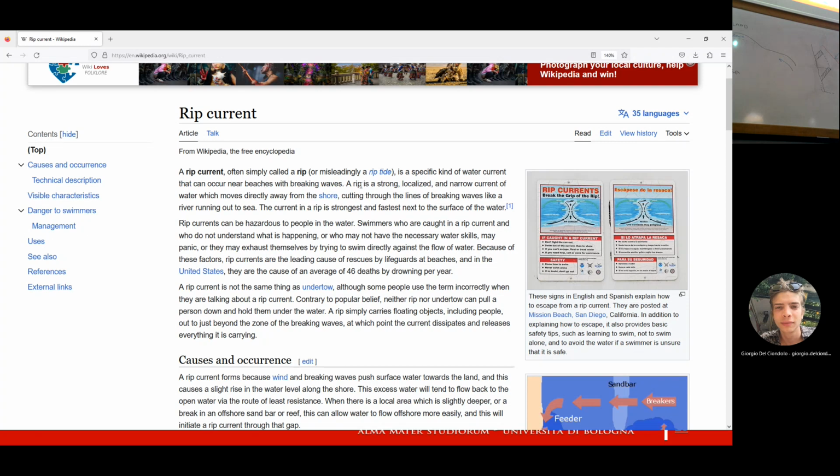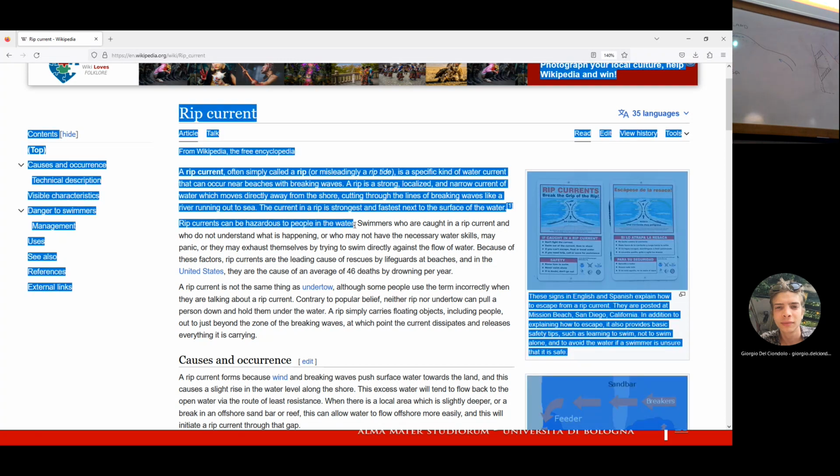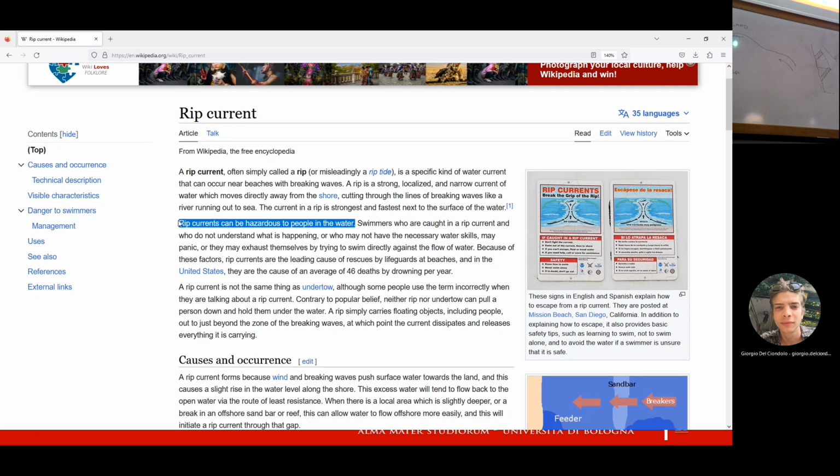A rip is a strong, localized, and narrow current of water which moves directly away from the shore, cutting through the lines of breaking waves like a river running out to sea. The current in a rip is strongest and fastest next to the surface of water. Rip currents can be hazardous to people in the water.